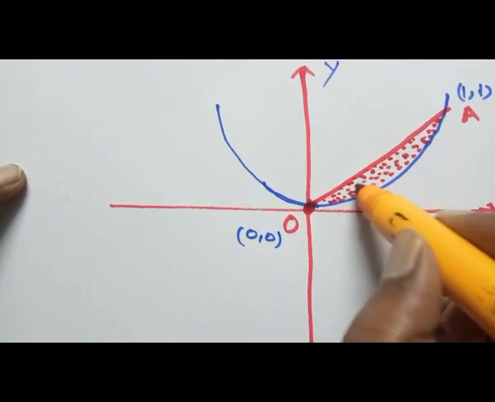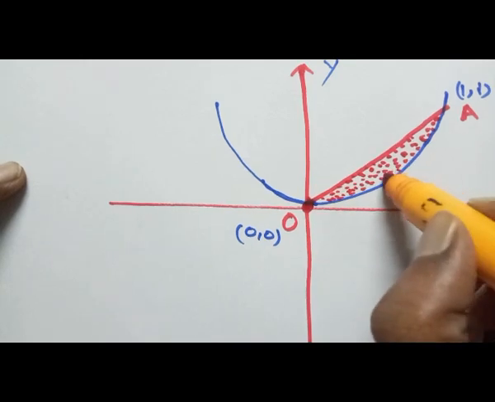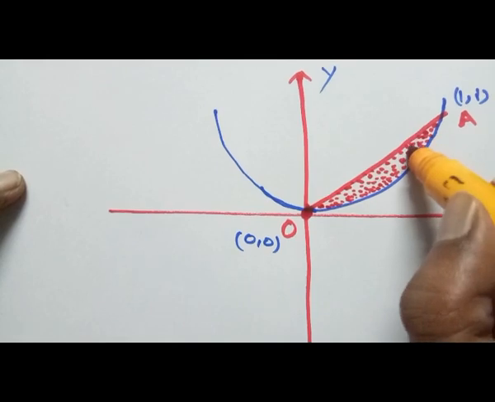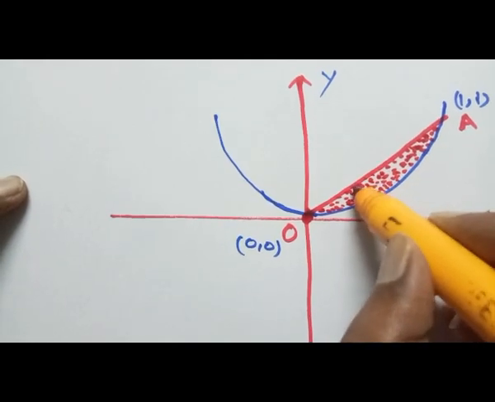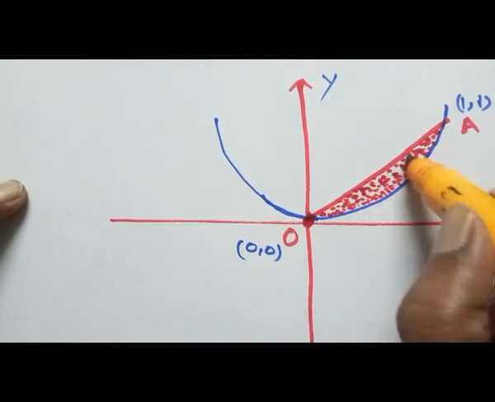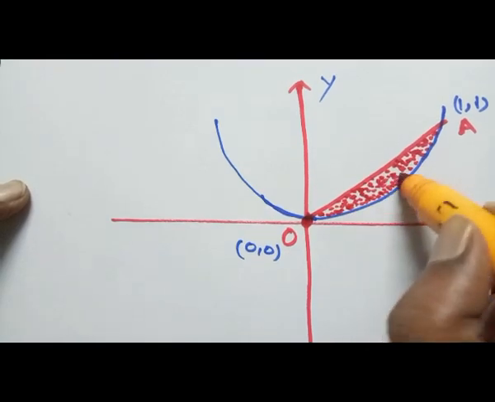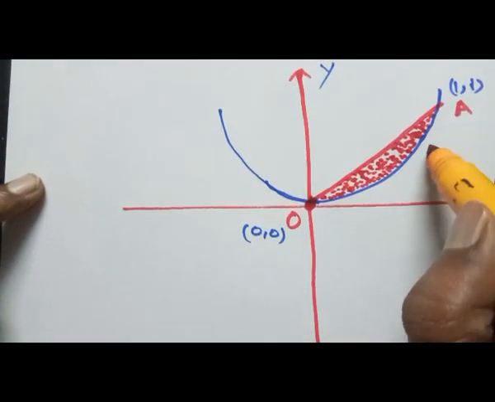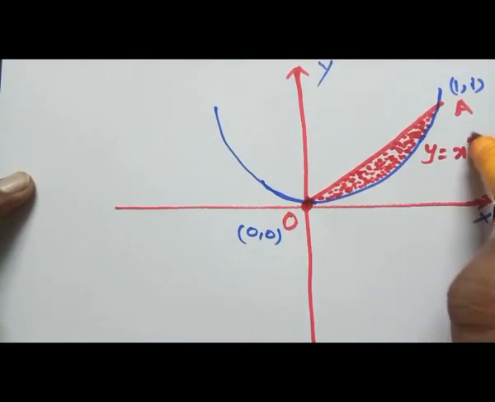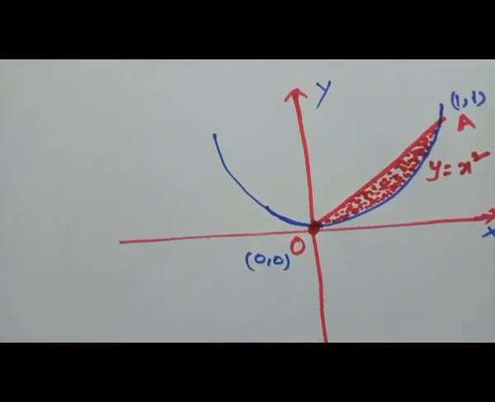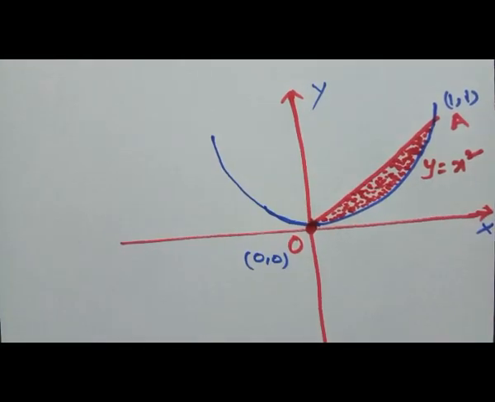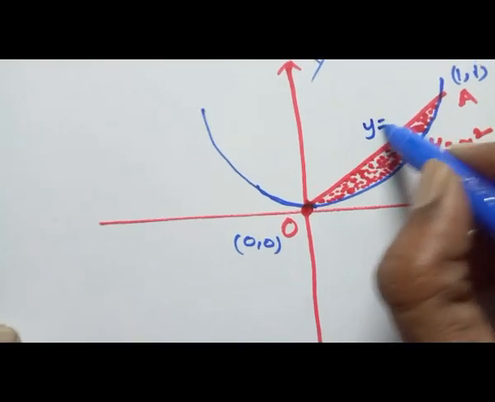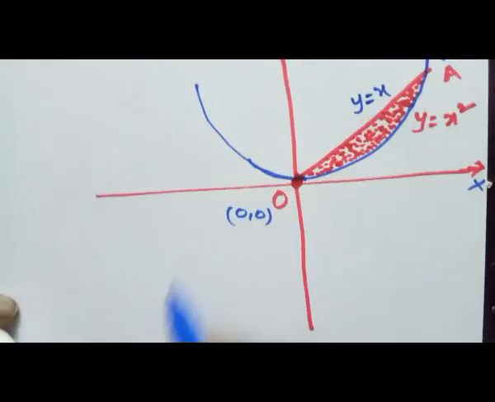One is y equal to x square and another one is y equal to x. This is y equal to x square and this is y is equal to x.